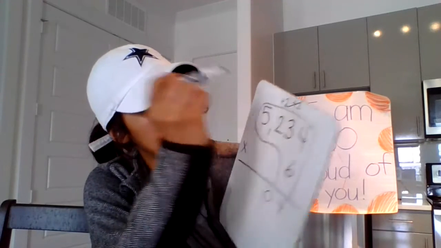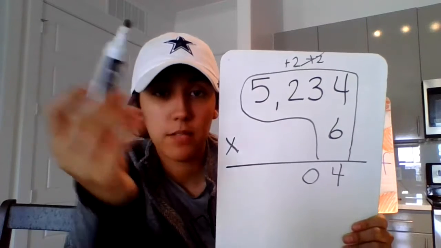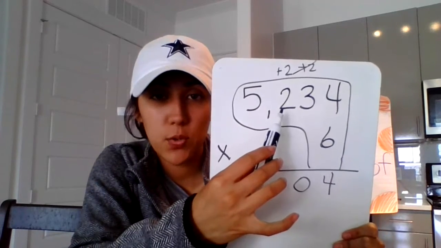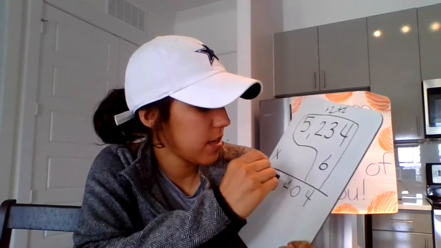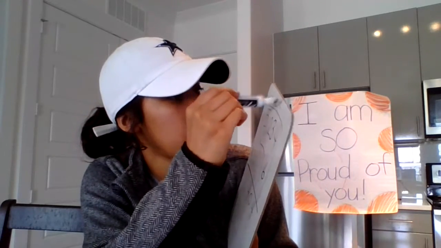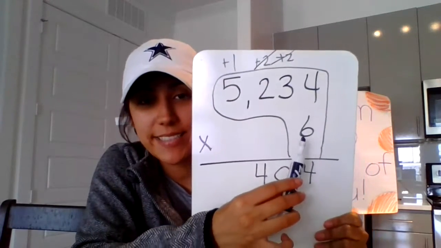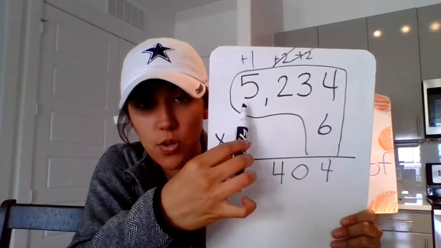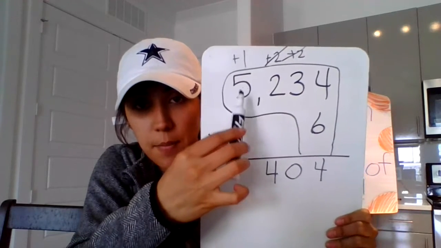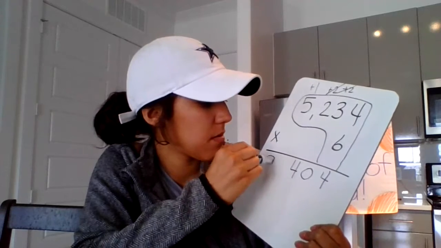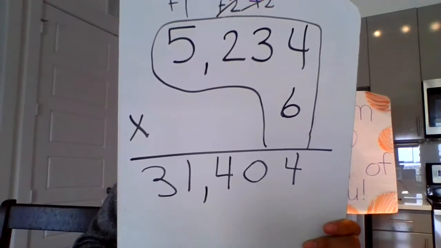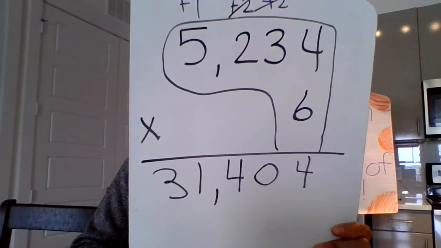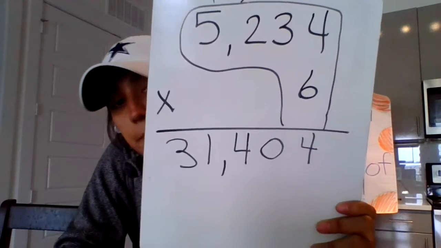Carry the 2 on over. 6 times 2 equals 12, plus 2, 14. Drop the 4, carry the 1. And 6 times 5 equals 30, plus 1, 31. Your final answer, boys and girls, is 31,404.